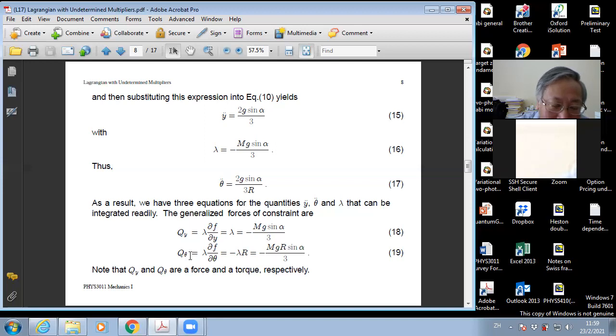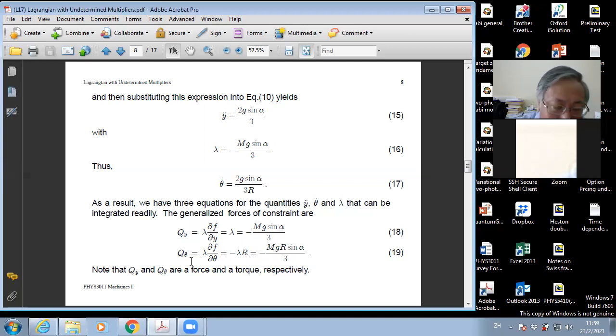Q theta is the generalized force associated with theta, which is equal to lambda times round f round theta. After differentiation, we have minus lambda r. Okay, and this is equal to minus mgr sine alpha divided by 3.